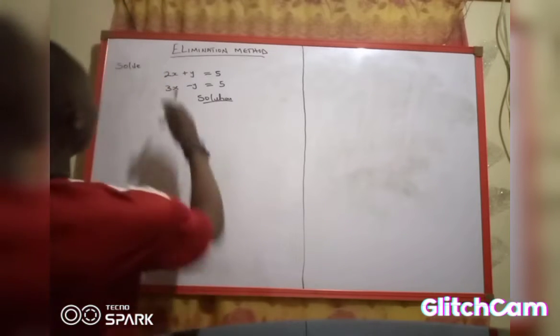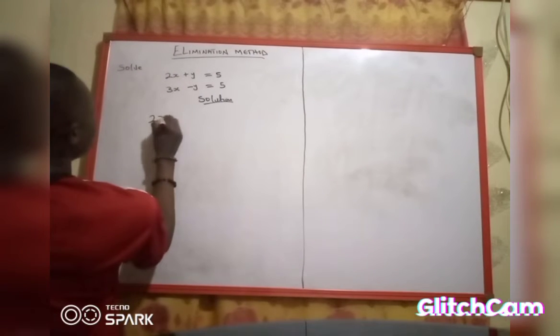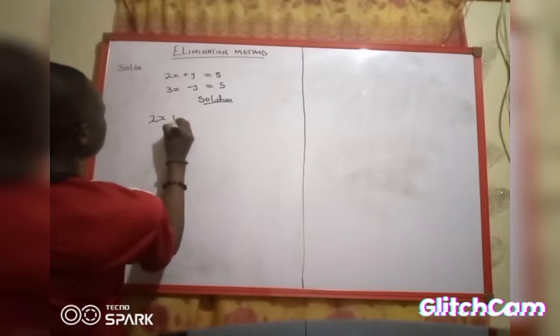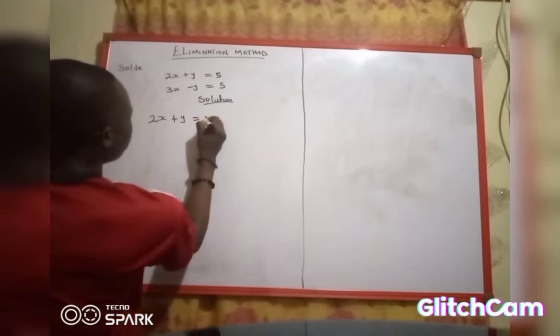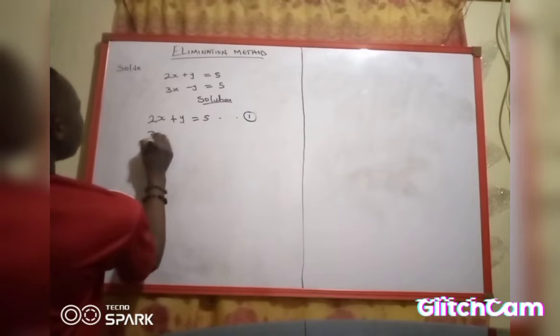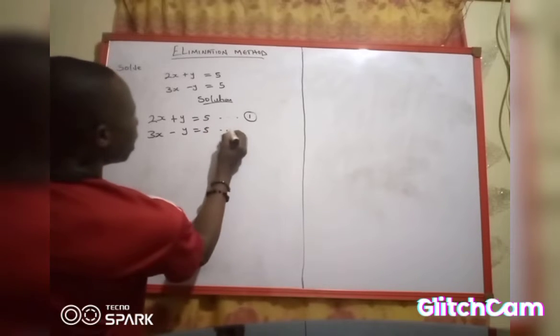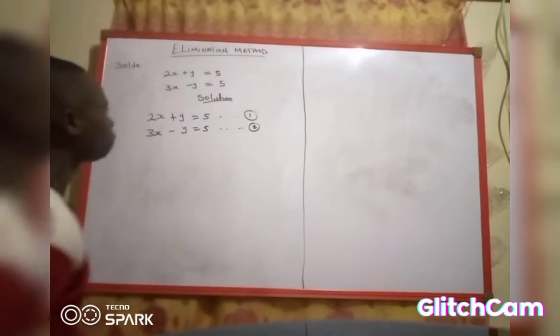Solution. We can name the first equation, 2x plus y equals 5, as equation 1. Then 3x minus y equals 5 is equation 2.